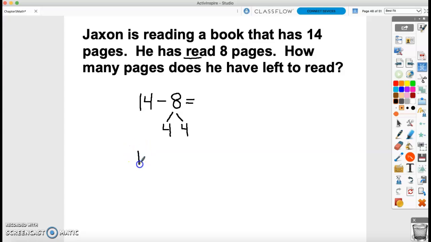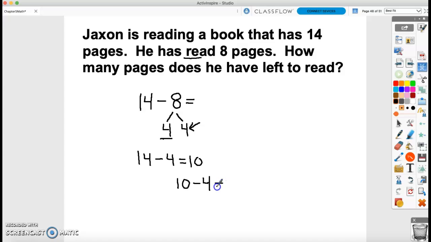So that would look like this. I have 14. I'm going to make 14 into 10 by subtracting 4 right there. That's my first 4. Now I have 10. I'm going to subtract the second part of the number, which is the other 4.